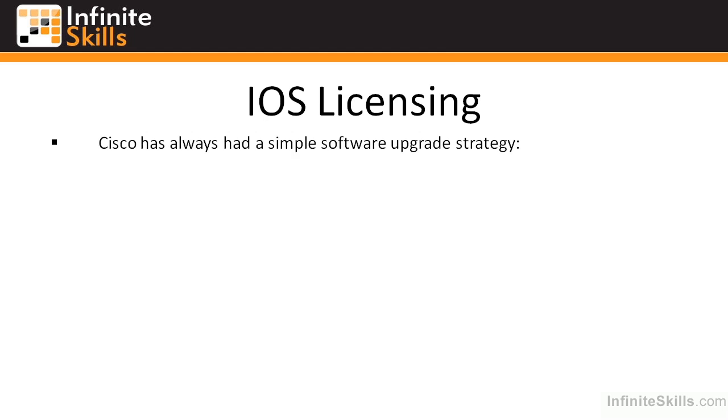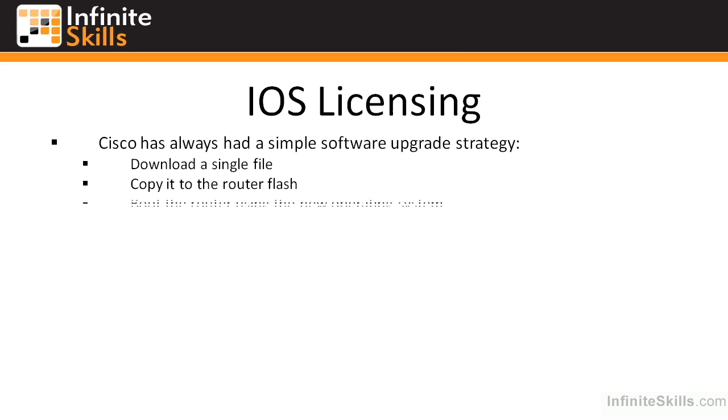Cisco, historically, has always had a very simple software upgrade strategy, and we went over it when we talked about file management and upgrading the iOS and all of those wonderful processes and procedures just a little bit ago. You download the iOS file, you copy it to the router flash, and you reboot the router or the switch using the new operating system.